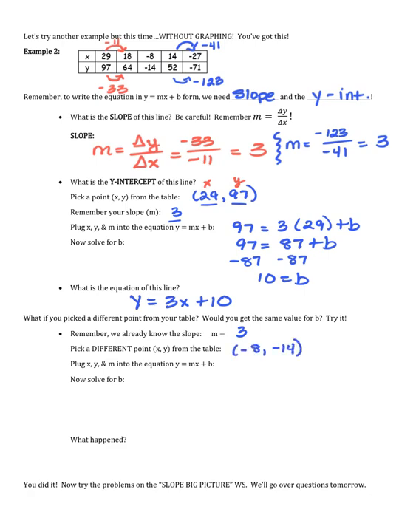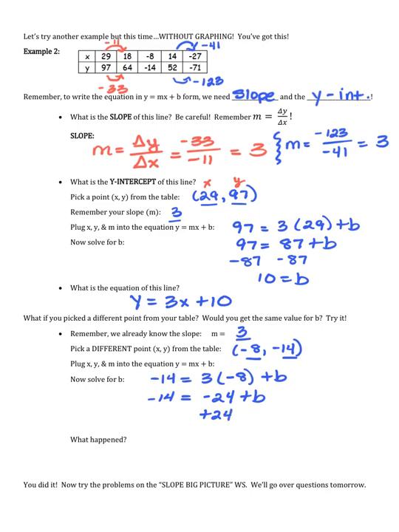And try that. I'm going to plug in my x, my y, and my slope into y equals mx plus b. Y is a -14. That equals the slope 3 times a -8 plus b. And now I can solve for b. -14 is equal to a -24 plus b.